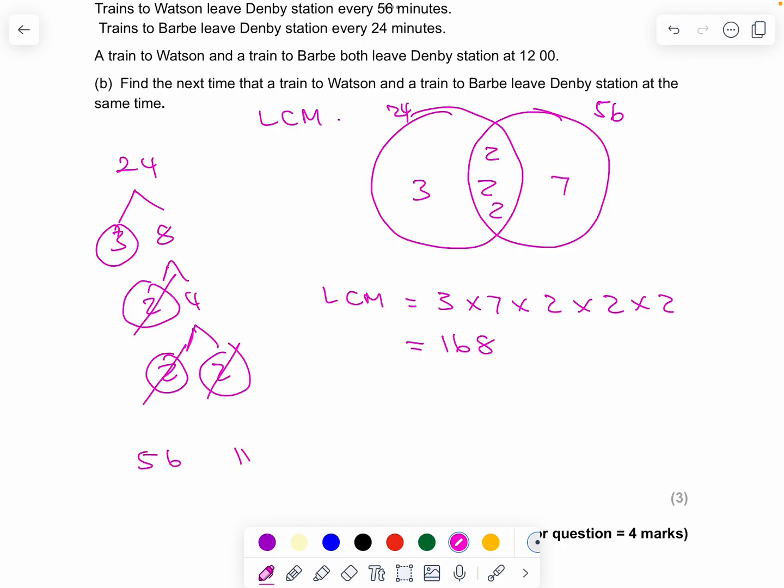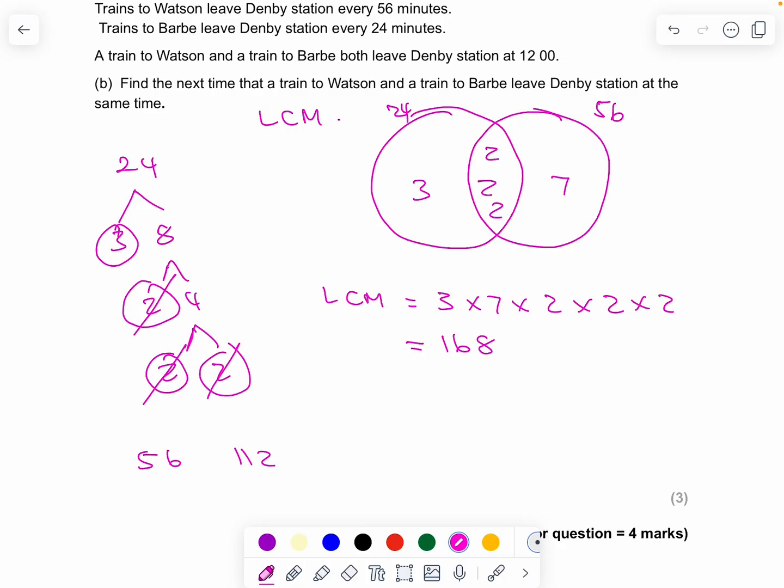Okay? The other way you could have done it is the 56 times table: 56, 112, 168, and so on. That's not 224, I don't know why I wrote that. We all make mistakes.